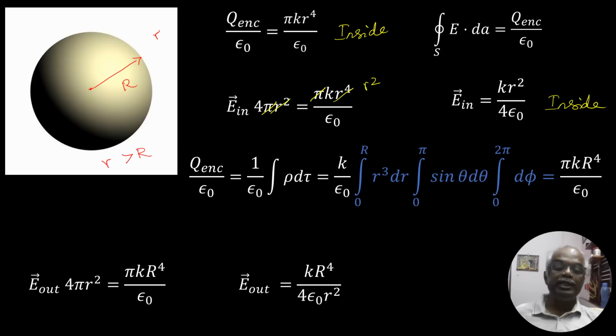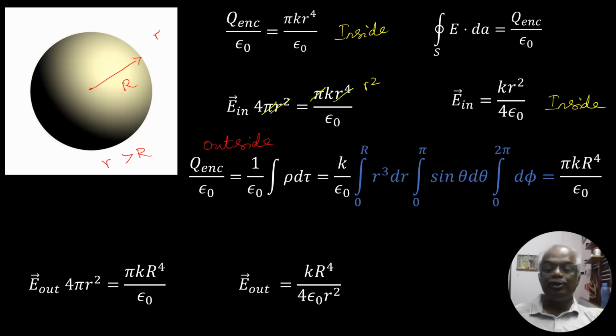So Q enclosed over epsilon naught for outside is equal to 1 over epsilon naught, the same integral rho d tau. You do whatever you have done in the earlier case.